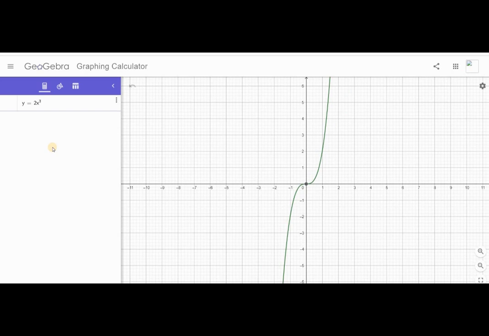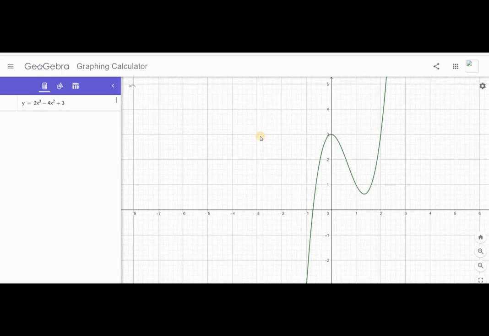Notice my cursor is still up there where the 3 is, so I'm going to arrow to the right to get my cursor down. And again, I use Shift 6 to get my exponent, and then plus 3.